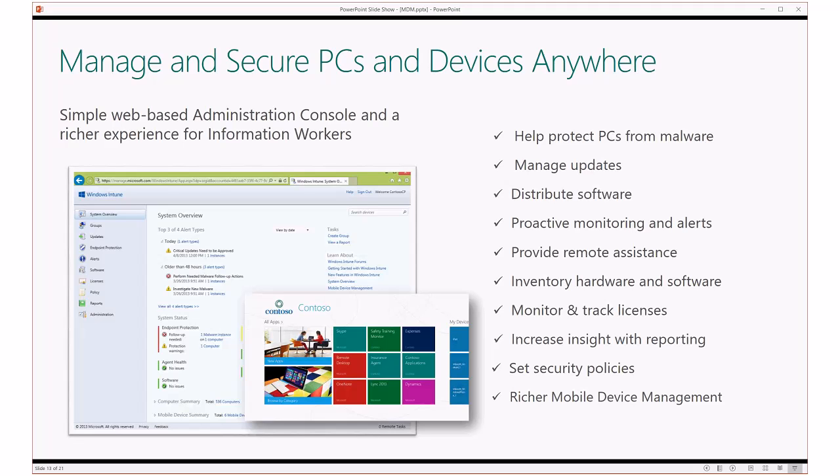There's full application management. If you want to deploy EXEs or MSIs to those full-blown desktops, you can do that as well. Providing remote assistance and a whole host of other features. So with regards to PC management, you can do a lot of the same things that you're already doing to manage PCs in the environment, all remotely and just as if it was a mobile device.